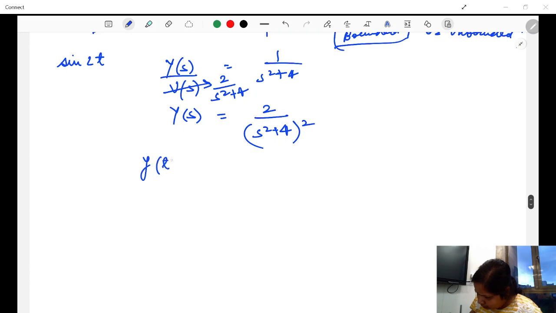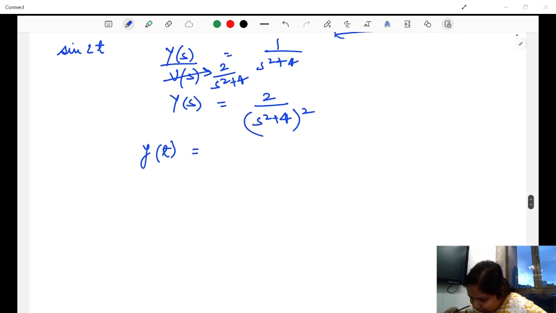You want to take the inverse Laplace of this. Can someone take the inverse Laplace of this quantity? It would be in terms of sine and cos both.